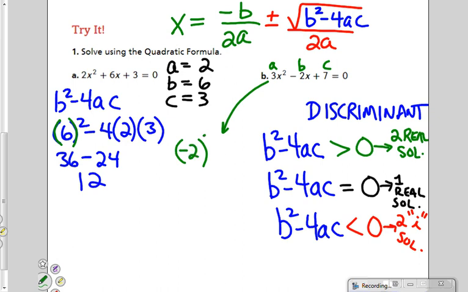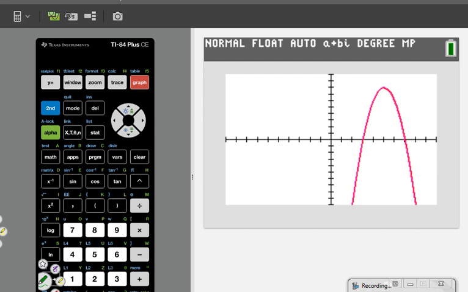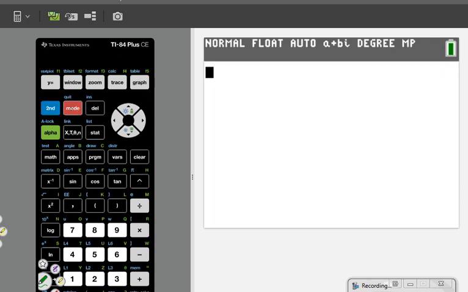Negative b squared minus 4ac, it is going to be negative 80. Because the calculator, if you forget to use your parentheses, will not calculate that correctly. Here we go. Parentheses b squared minus 4ac.